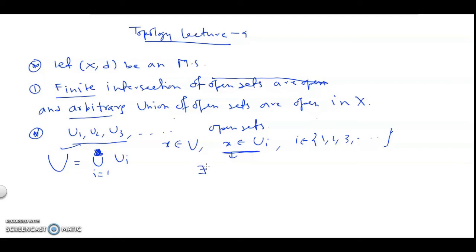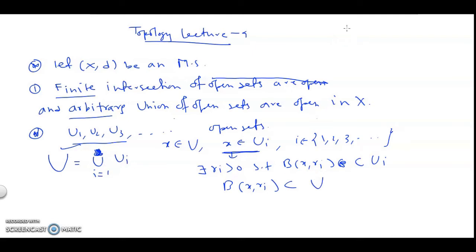Since all U_i's are open, therefore there exists r_i greater than 0 such that B(x, r_i) is totally contained in U_i. Hence, since it is totally contained in U_i, we can say that B(x, r_i) is also contained in U, because U is the union of all U_i's.